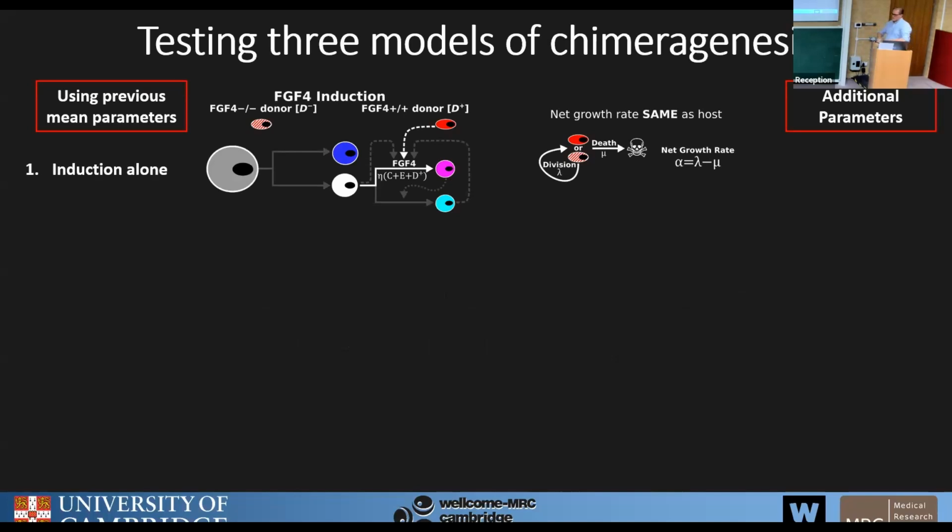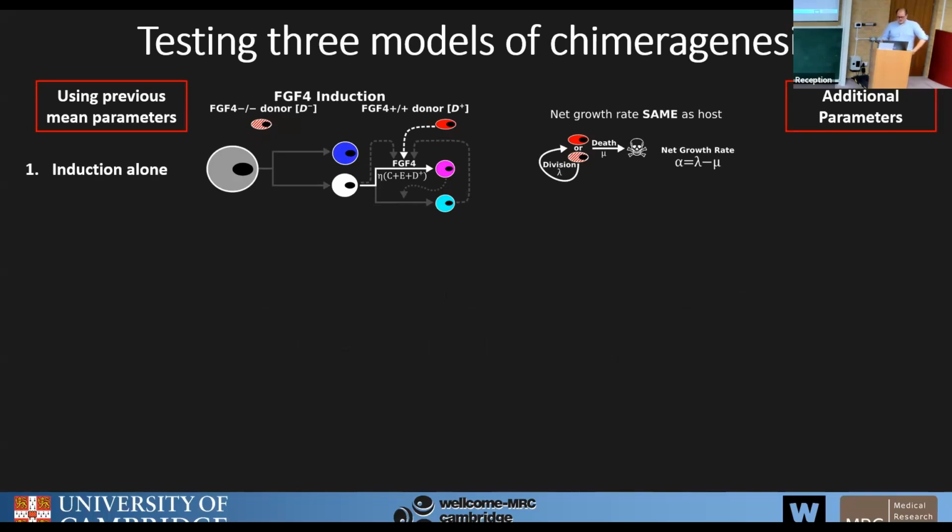So here, I'm just going to run through, we're testing 3 models of chimerogenesis, where we start to layer in a few more features. The first obvious feature that we have to include are the donor cells. So here we either have D- FGF nulls or D+ FGF wild types.